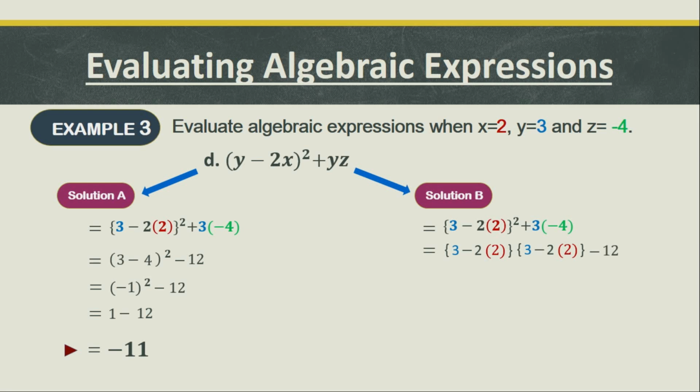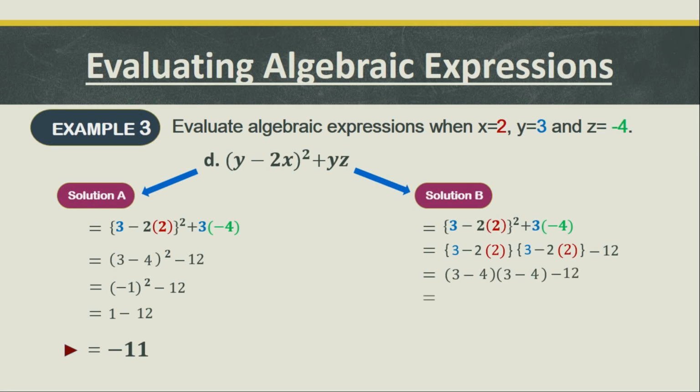Again, simplifying the ones in the parentheses. So this is equal to the quantity of 3, and then multiply negative 2 by positive 2 equals negative 4 or minus 4, times the quantity of 3 minus 4, which is the same. And then minus 12.